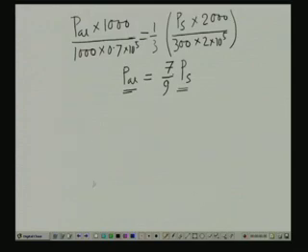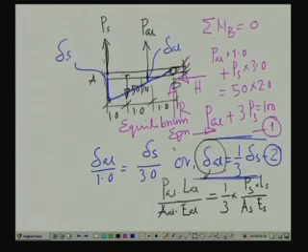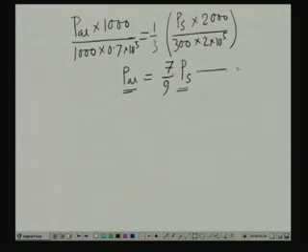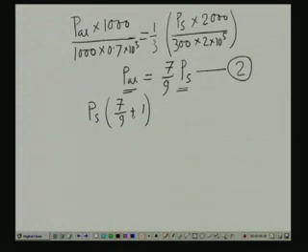And earlier we had one equation, the equation of equilibrium, which is P aluminum plus 3 times P steel is equal to 100. Let us call this equation 1. So, from equations 1 and 2 we have P s times (7 by 9 plus 3) is equal to 100.